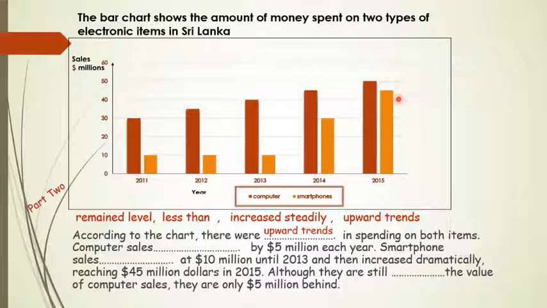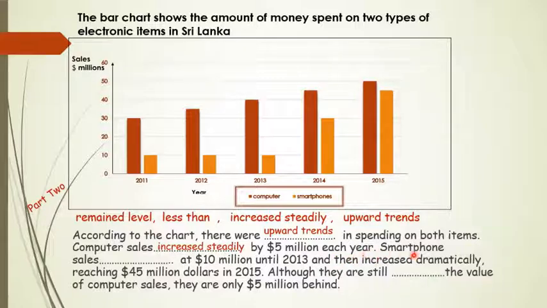Good. Second sentence, computer sales, yeah, what happened? Yes, increased steadily, right? See, 5 by 5, increased steadily by $5 million each year.